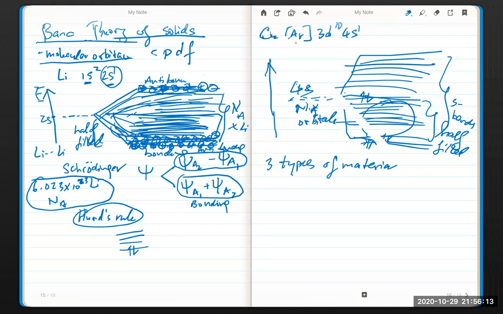This is copper we're talking about. One is conductors. Another one is insulators. And another one is semiconductors.